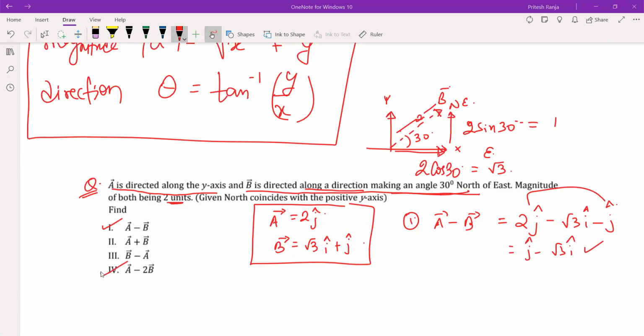So Adarsh will tell us the fourth one. Yes, Adarsh Desai. Fourth one, let me know what you get. A vector minus 2b vector.